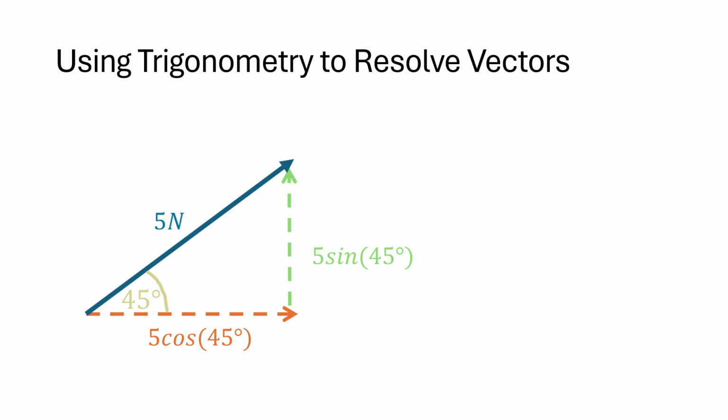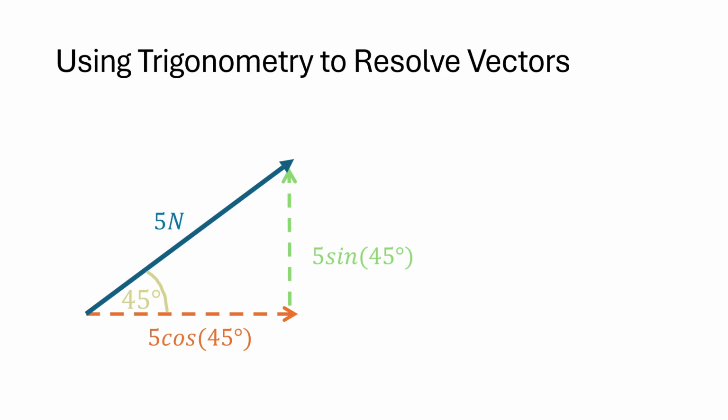Now let's have a look at this example. We have a 5 Newton vector, and we're trying to resolve that into its horizontal and vertical components. So you can clearly see that the horizontal component should be 5 cosine 45 degrees and the vertical component 5 sine 45 degrees.